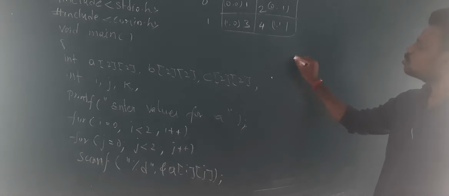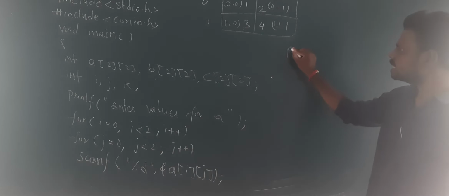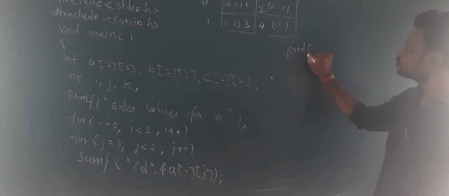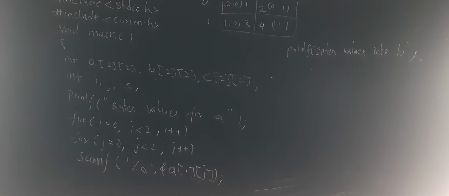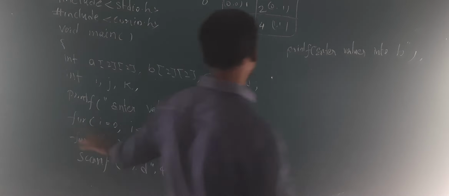Okay, now I will go for printf again. Printf, enter values into B. Enter values into D. I hope it is visible to you. I think so. Okay, alright. Now again the same rules for your D also.